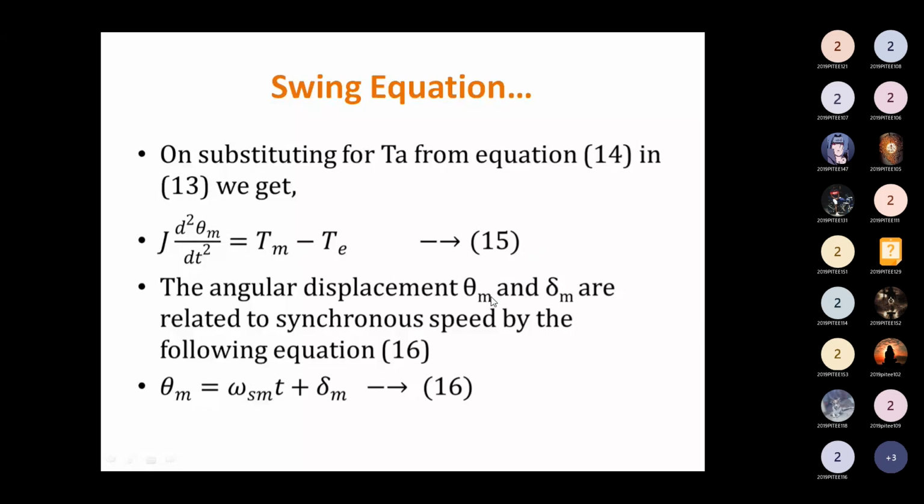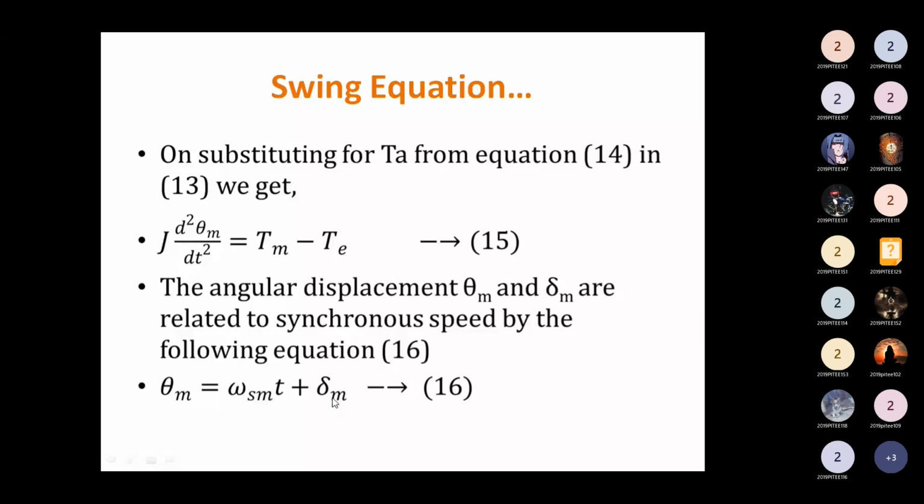Del m is related to the synchronous speed. If I incorporate the two terms in a single equation, theta m equal to omega sm t plus del m. This is my equation 16. This is the general equation for your angular displacement in terms of the mechanical speed with respect to time and the angular motion, that is, the mechanical angle del m. So this is 16.